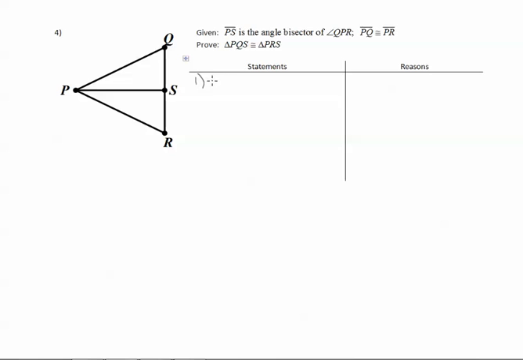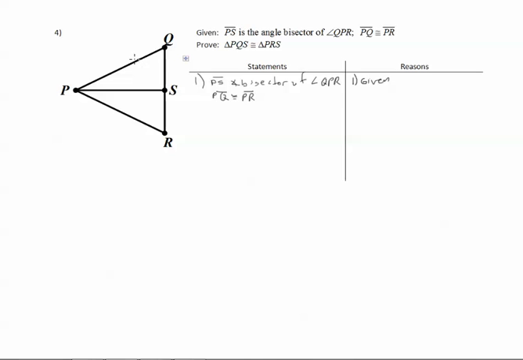Number 1, we're given that PS is the angle bisector of angle QPR. We're also given that segment PQ is congruent to segment PR. Again, those are given.